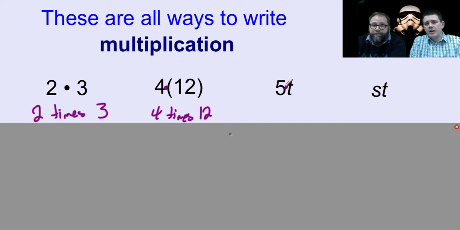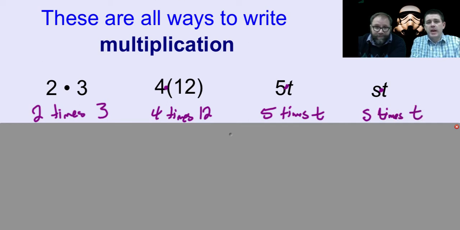There's a hidden multiplication sign between those two when they're right next to each other. And with variable next to variable, it's the same thing. It's still multiplication, so that is s times t. These are all different ways of seeing multiplication written. You're going to see a lot of these last two today. You're going to see a little bit more of the parentheses as we go along, but this is one to really get used to. When there's nothing next to that parentheses, no addition or subtraction, that's when we really know it's talking about multiplication.